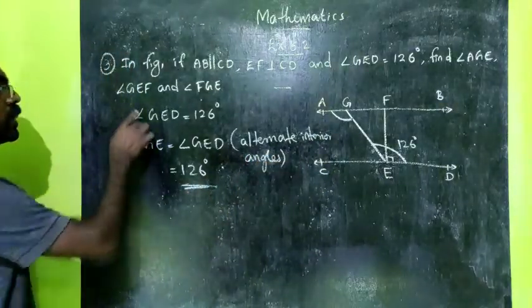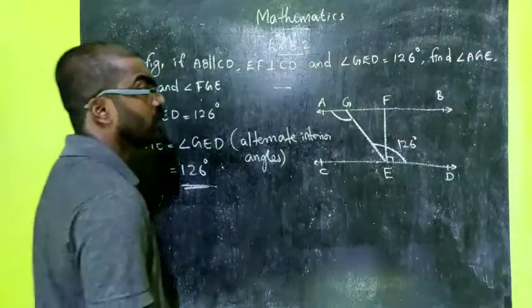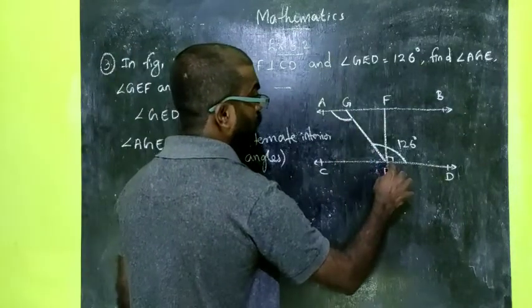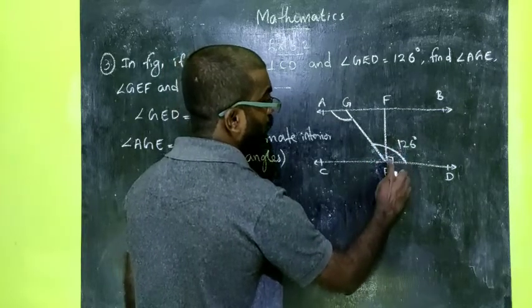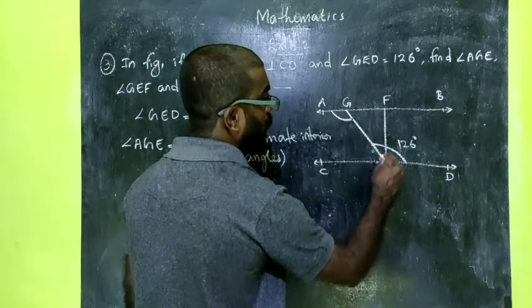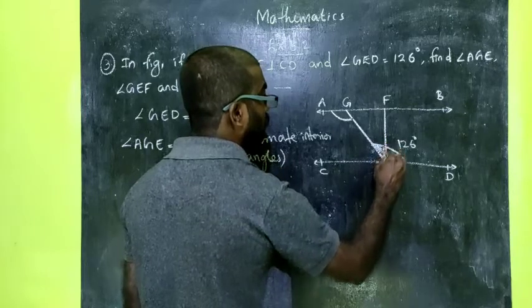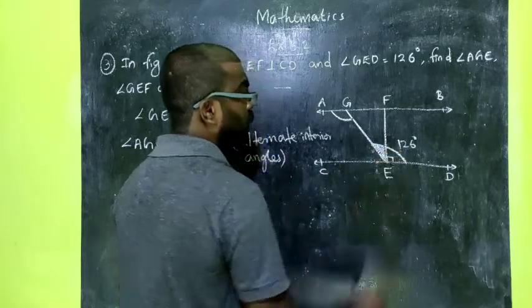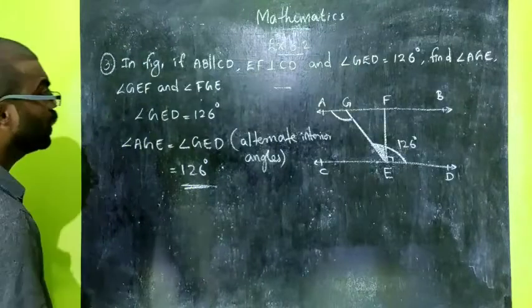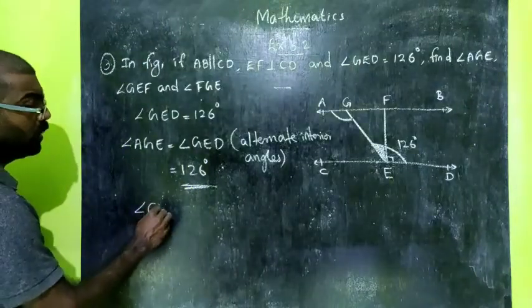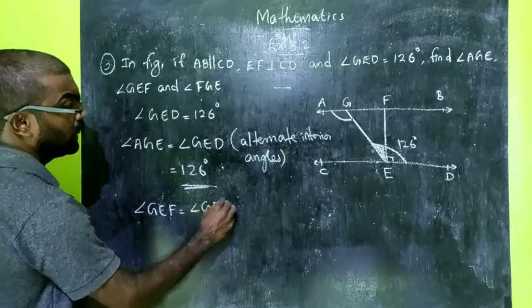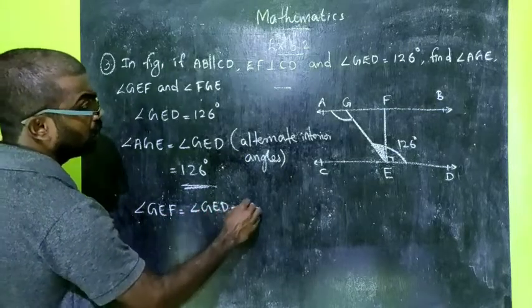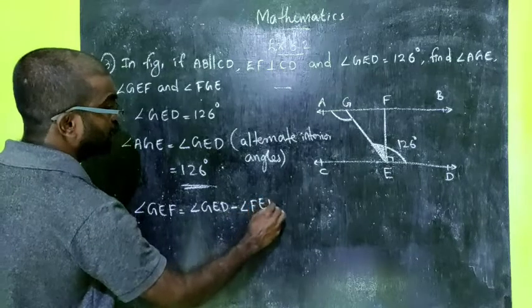Now the second one is GEF. This total angle is 126 and one part of it is 90 degrees. So this much angle is given by 126 minus 90. So angle GEF is equal to angle GED minus angle FED.